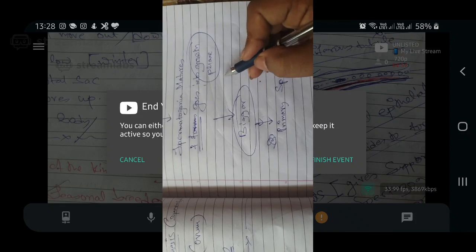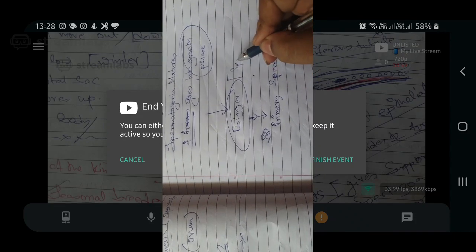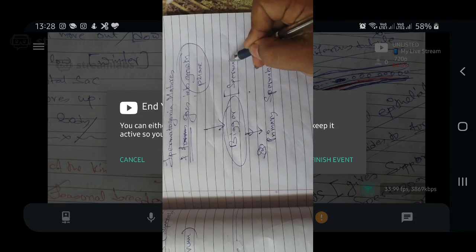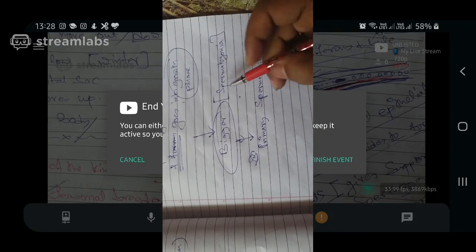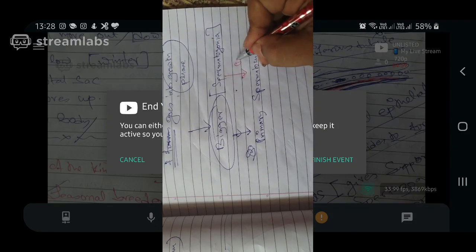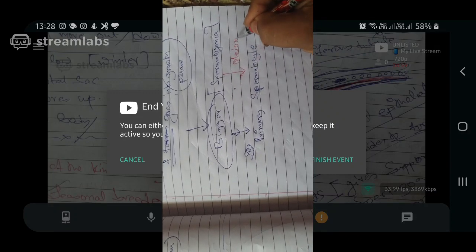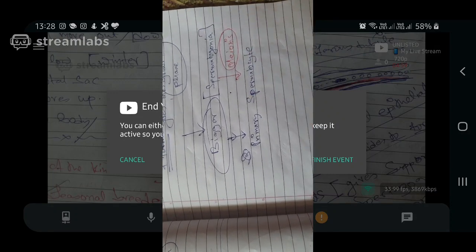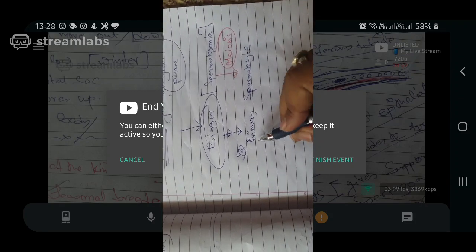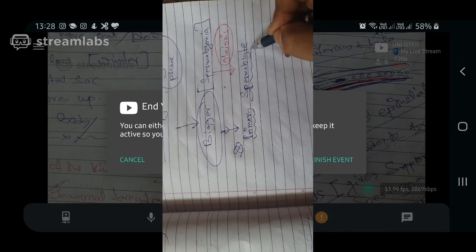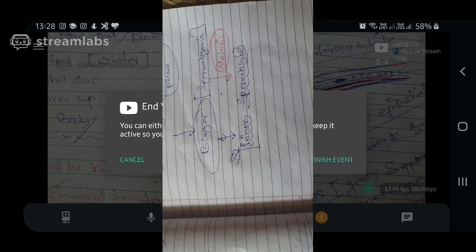How does the primary spermatocyte form from the bigger spermatogonia? It forms by the process of meiosis. Definitely, the meiosis forms the primary spermatocyte.